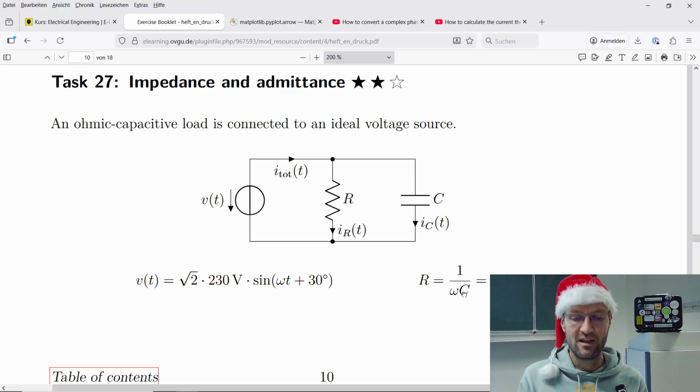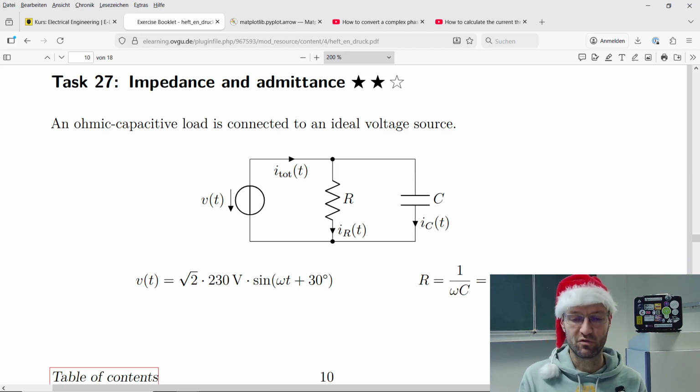23 ohm. And do you have a name for this? How would you call this? This 1 over, once again, what was this? Yeah, so this is called omega. Omega is the angular frequency, and 1 over omega C is the magnitude of the impedance, or the reactance, of this capacitor.